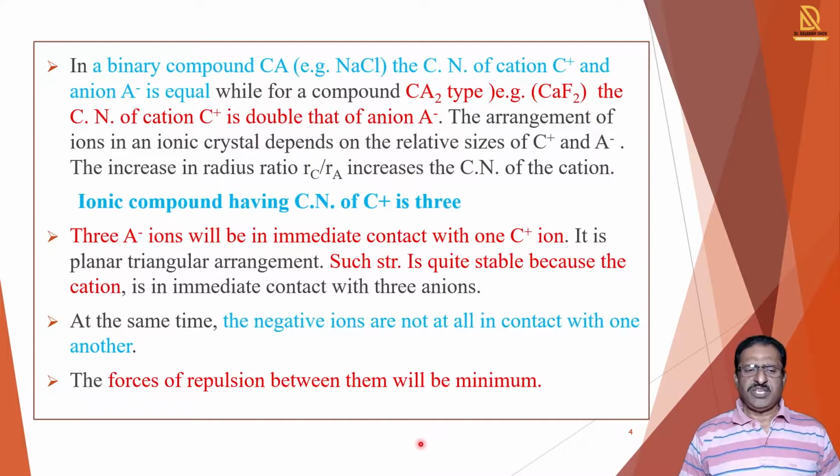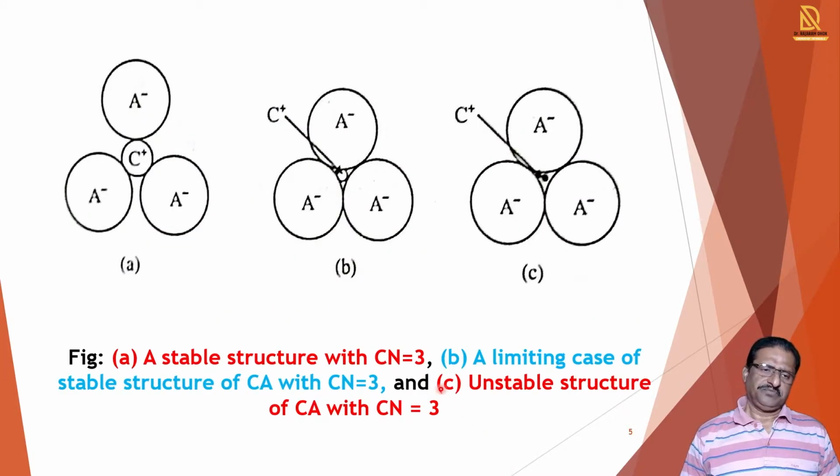Such compounds have a planar triangular arrangement, and such a structure is quite stable because the cation and anion are in immediate contact with each other. The attractive force and repulsive force between cation and anion are equal. So we see such a type of structure here.